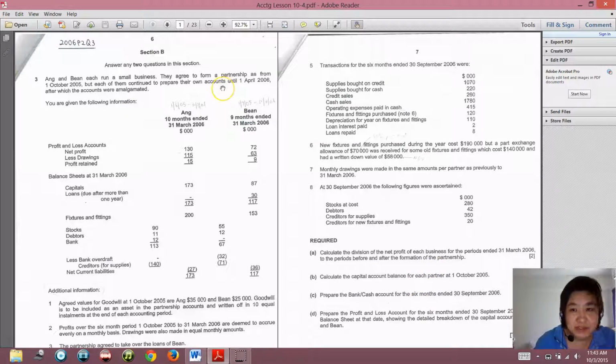So when was the formation of the partnership? They said they agree to form a partnership from 1 October 2005.